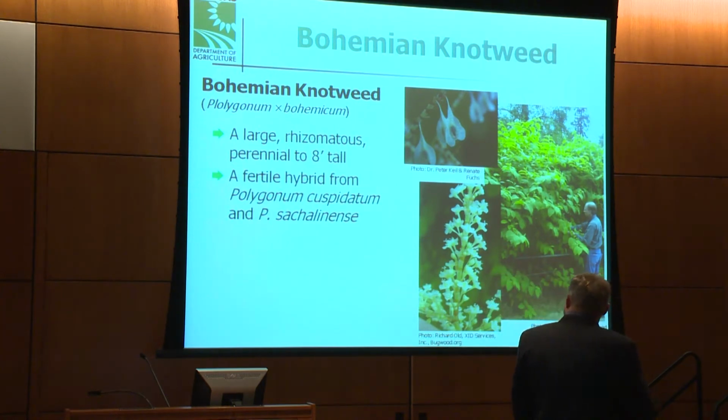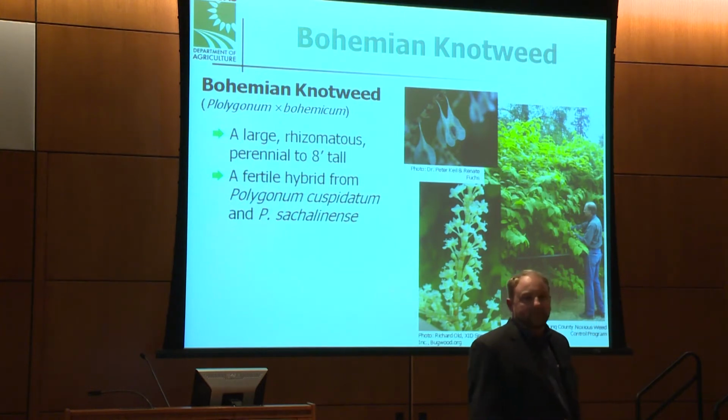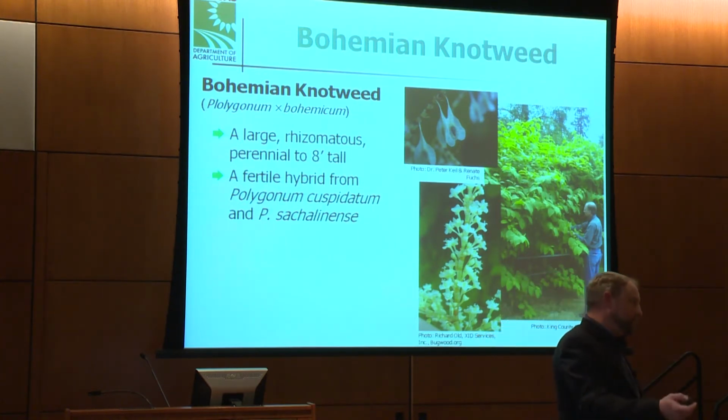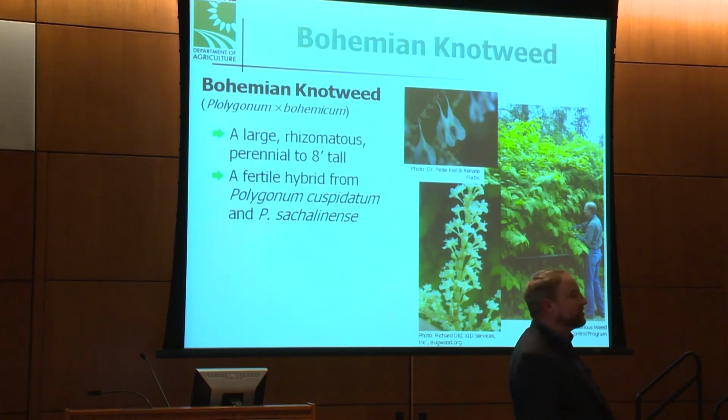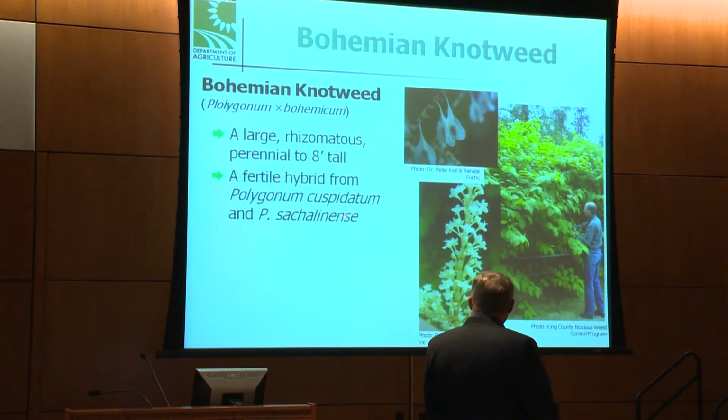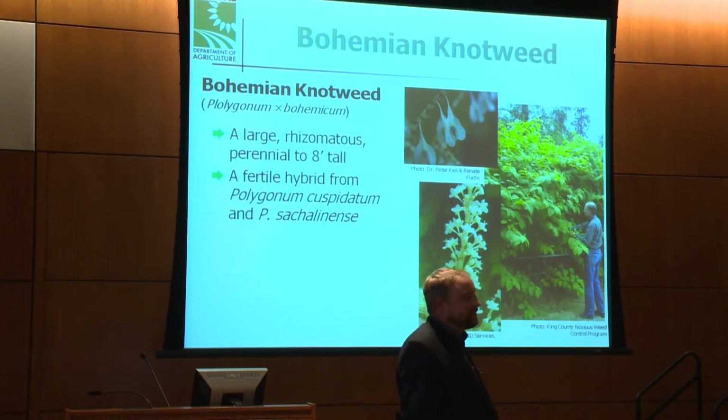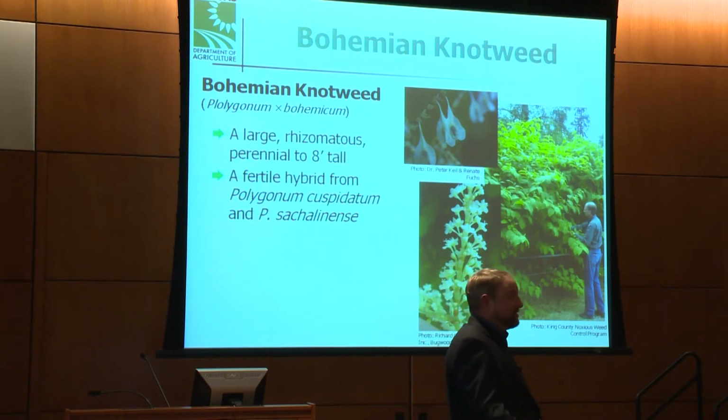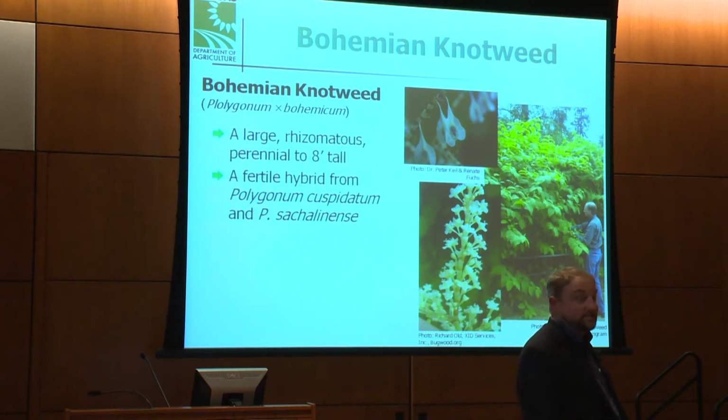It's a hybrid of Japanese knotweed and giant knotweed. Japanese knotweed is also listed noxious in several parts of the country. I haven't seen giant around here, but you take noxious and noxious, you get pretty noxious.